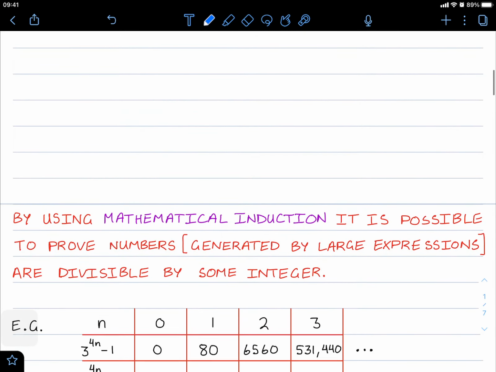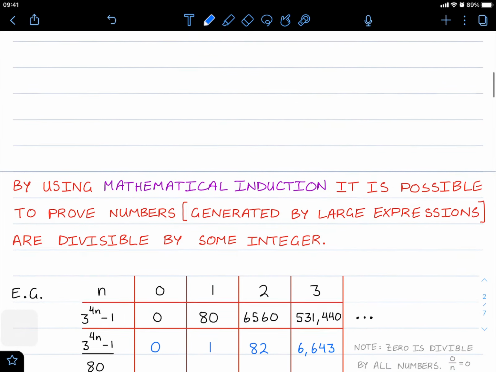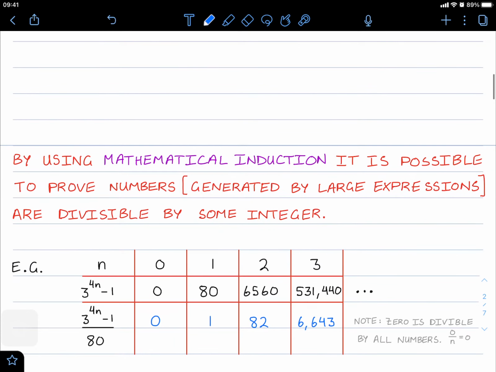Now, using mathematical induction, it is possible to prove numbers generated by very large expressions are divisible by some other integer. For example, I've made a table here, and our large expression is 3 to the power of 4n minus 1.